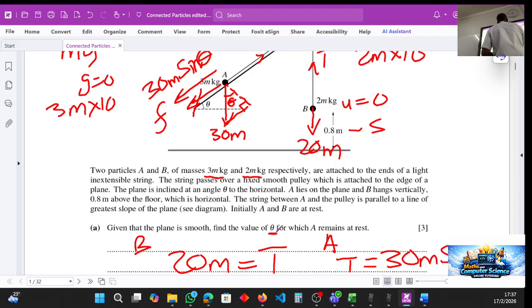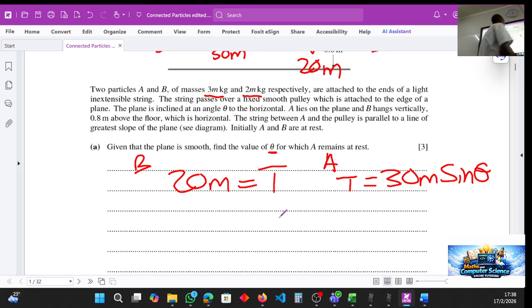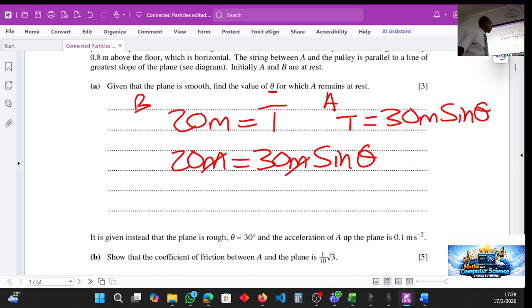So we are interested in the value of theta. In other words, we have to eliminate T. So in our next step, it's clear that there's equality here, where 20m should actually be equal to 30m sine theta. You can see clearly that m exists on both sides, and I'm looking for angle theta. So I'm allowed to say sine theta is equal to 20 over 30, because I'll divide both sides by 30.